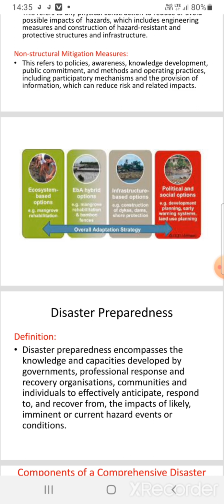Infrastructure-based options usually consist of dams, shore protection, etc., which includes the infrastructure or construction or the structural aspect. Now, another adaptation strategy is political and social options, that is development of planning, early warning systems, land use planning, etc.